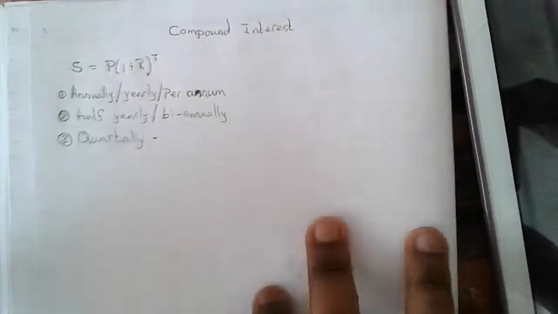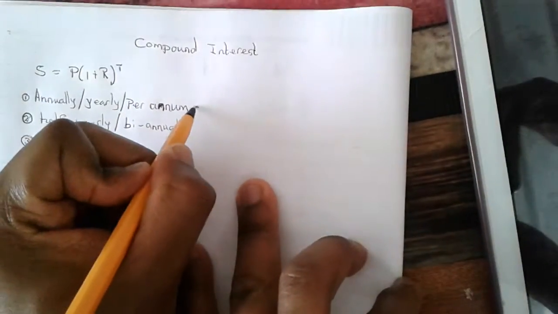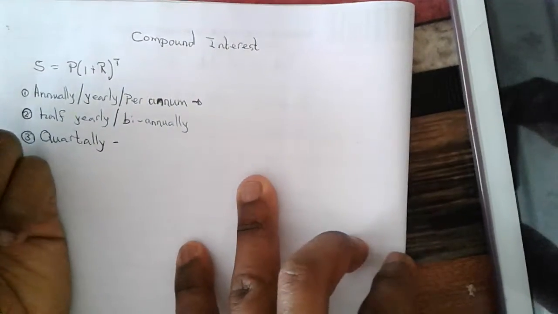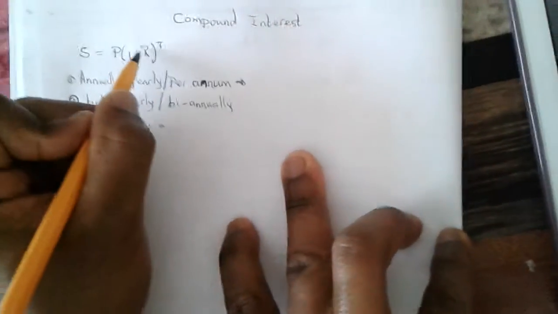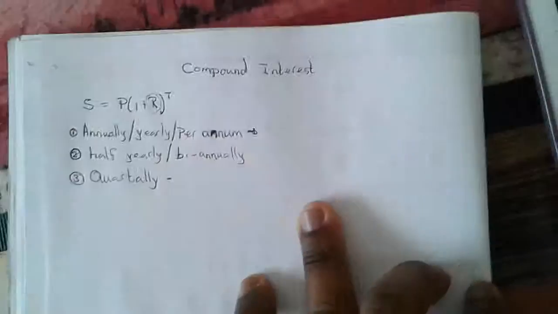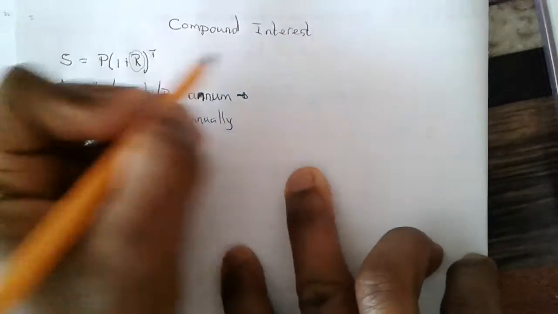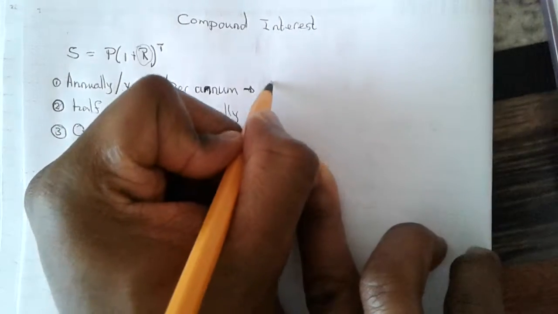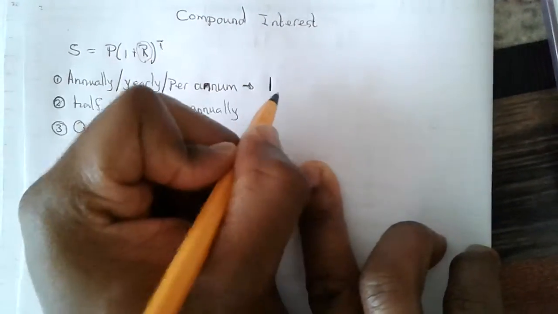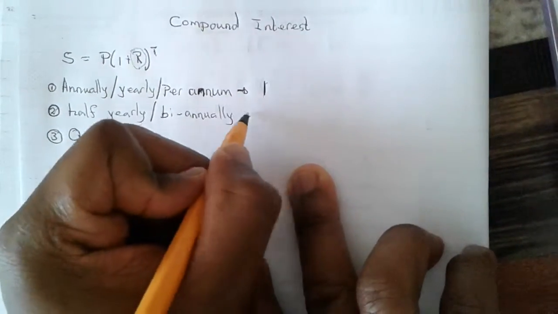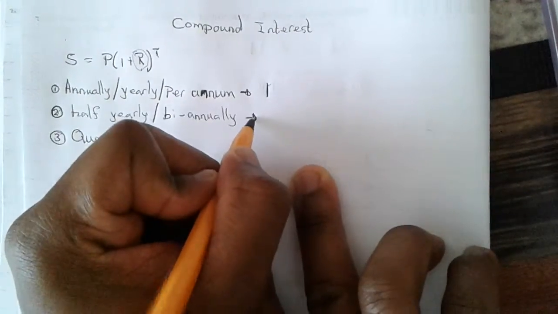Now, when they say it's compounded annually or per year, you're going to multiply your rate and your time with 1. It means it's done once a year.